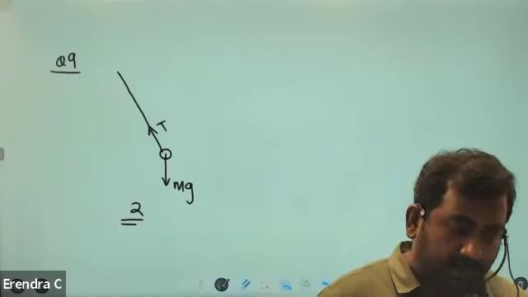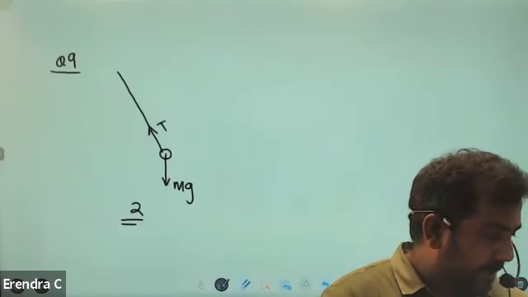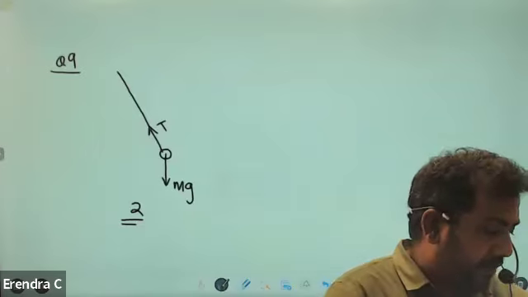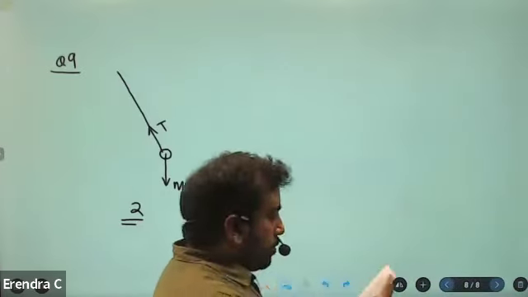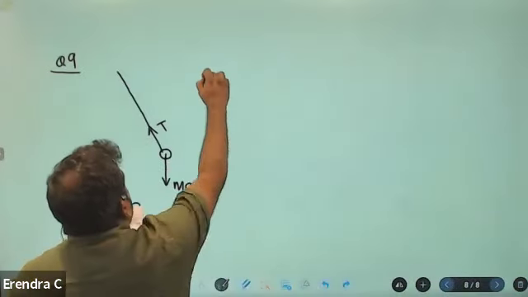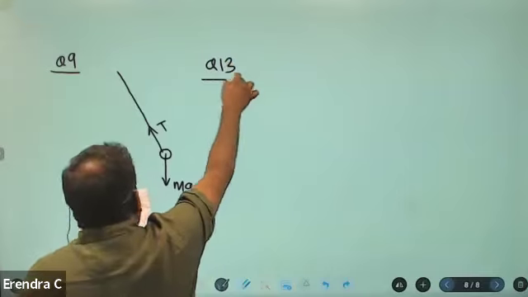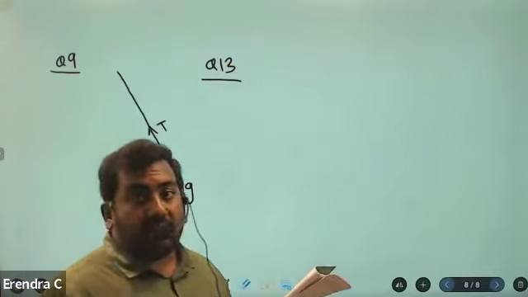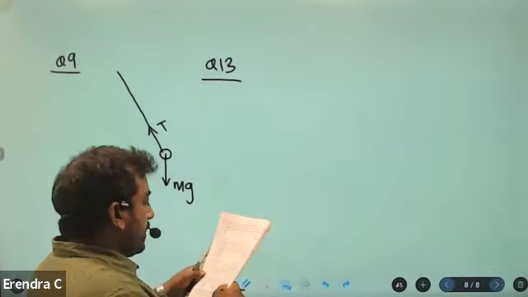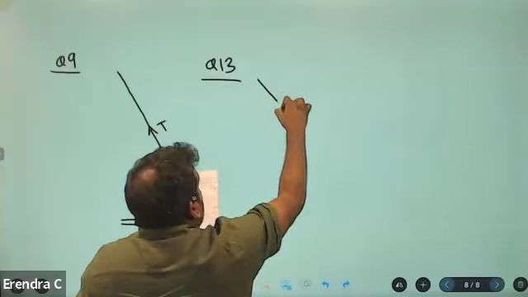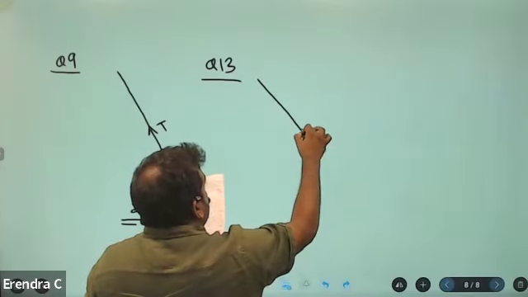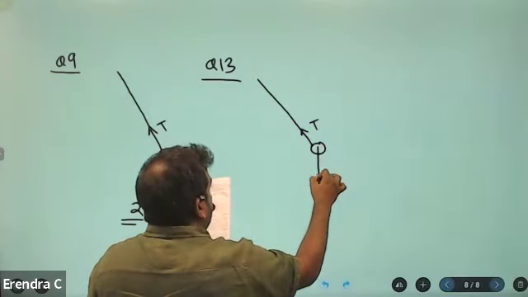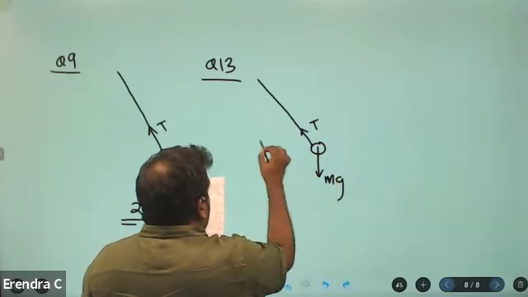Ninth one have we done? Up to 12 we have done now. Question number 13. Page 12. This you all know. Listen. Mg here.